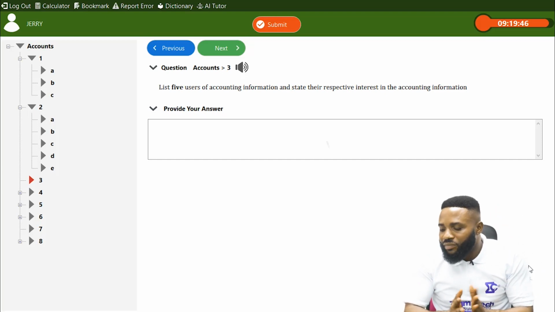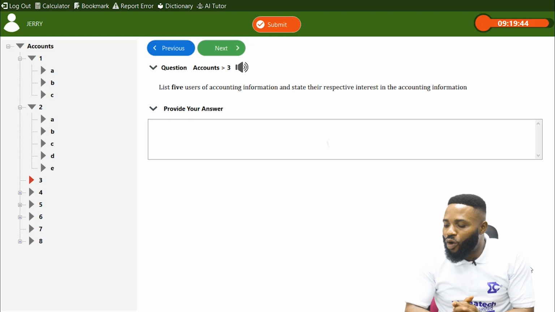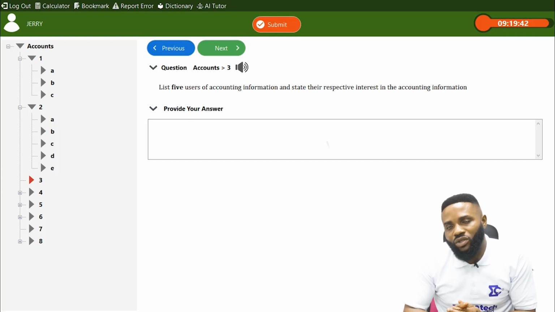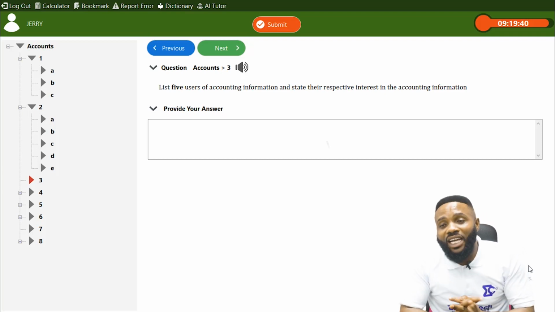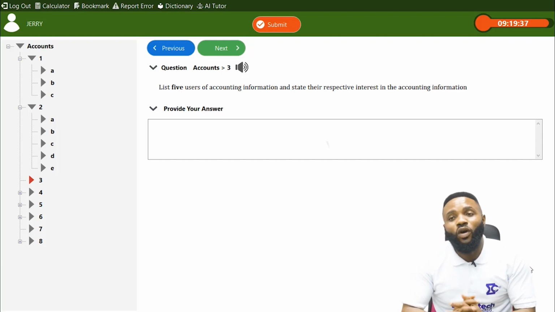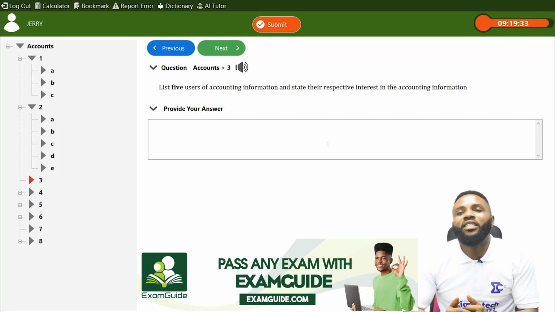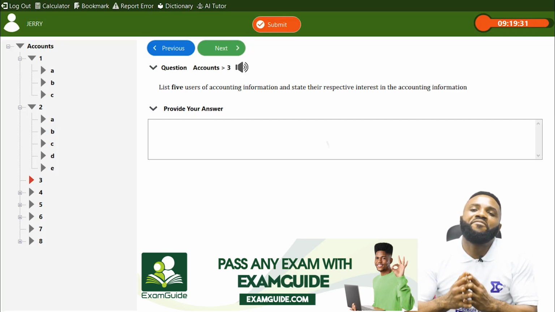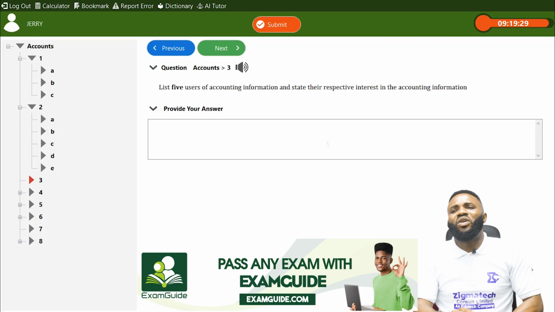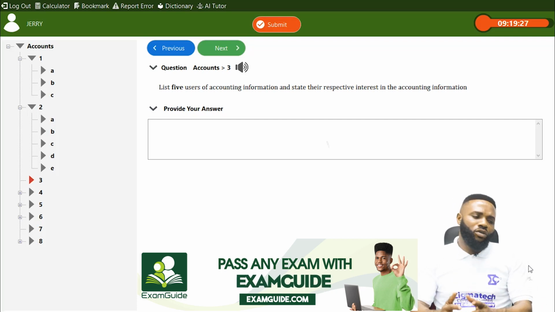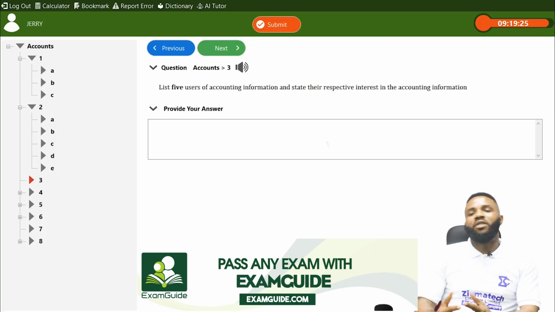And then the seventh one is what we call the potential investors. There are some people that are interested in a business. They want to find out if the business is doing well so that they will know if they will invest into the business. Nobody can just wake up and commit funds into a business.